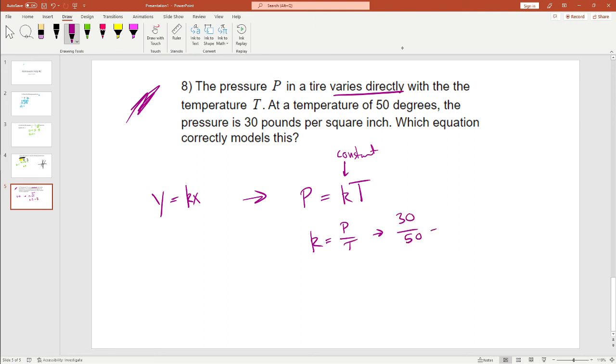I can simplify this a little bit to be 3/5. So if k is 3/5, that means putting it all together, P would have to be equal to 3/5 T. I guess technically you could write it as 30/50ths T, but I think the answer choices just had it as 3/5 T. And that is your answer. Cool. Thanks.